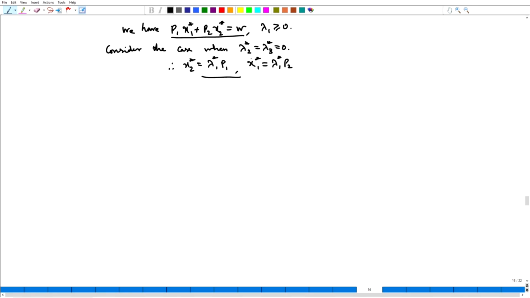When you substitute this back into p1 x1 star plus p2 x2 star equal to w, we have lambda 1 star p1 p2 plus lambda 1 star p1 p2 equal to w.